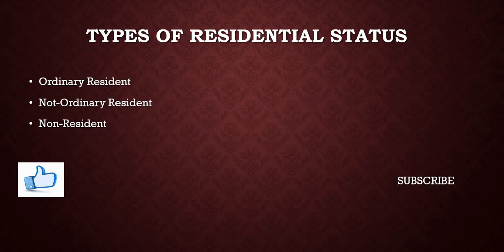Now let's move to the types of residential status here. So the residential status of different assessees can be of these types: ordinarily resident, not ordinarily resident, and non-resident. Here our focus of the study is only with respect to determining the residential status of an individual assessee rather than the other assessees here.